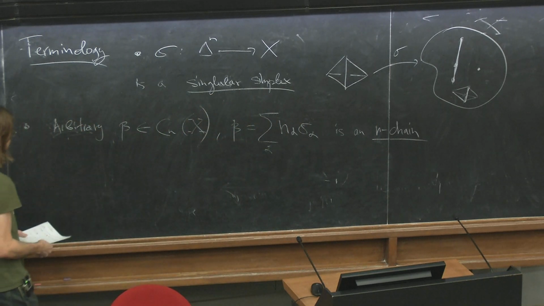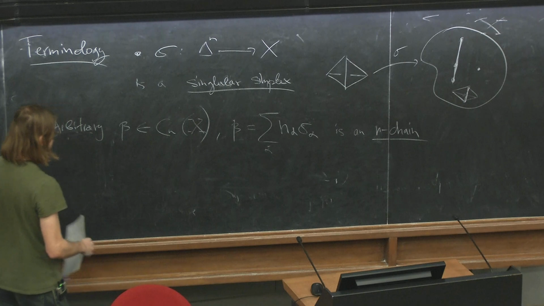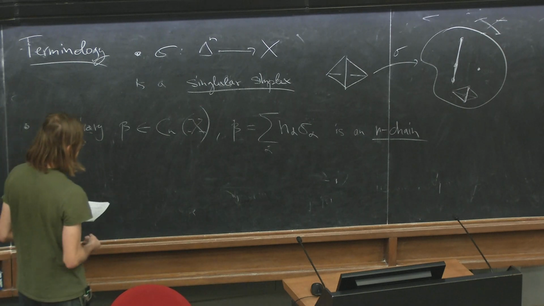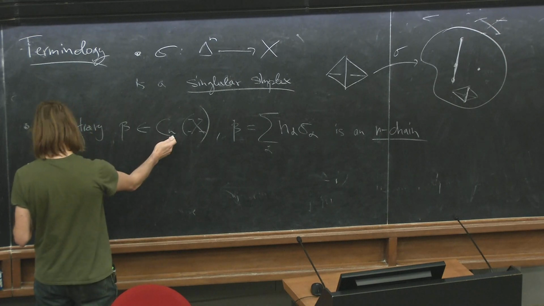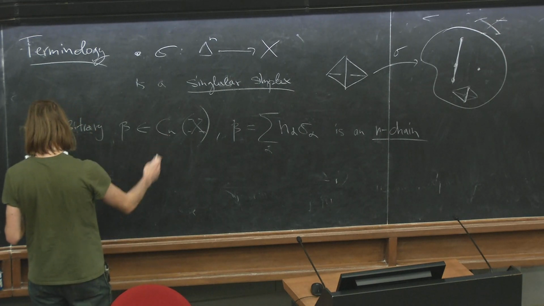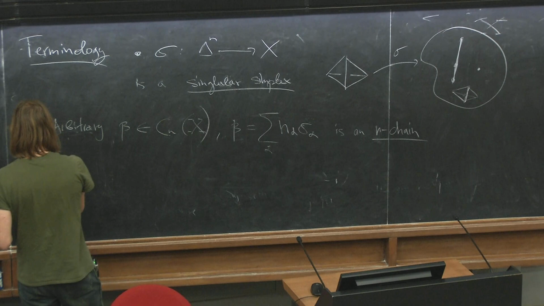Elements of these abelian groups which define our chain complex are in general called chains, or n-chains if we want to emphasize some fixed degree.